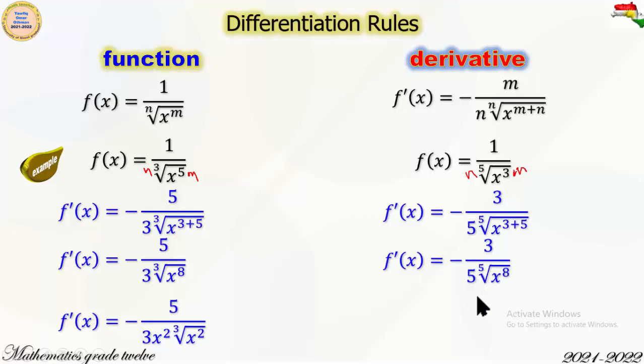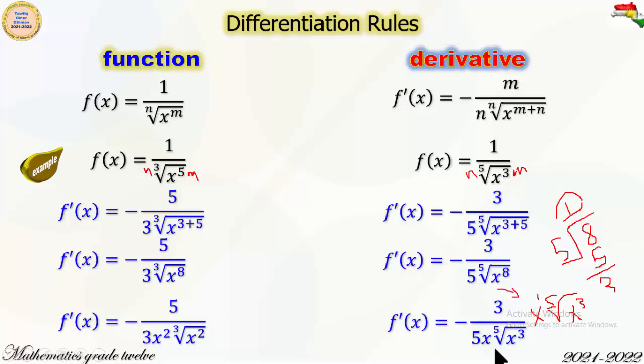To simplify this one, divide 8 by 5. 8 divided by 5 is 1. 1 times 5 is 5. 8 minus 5 is 3. Therefore, this one becomes x to the power 1, the fifth root of x to the power 3.